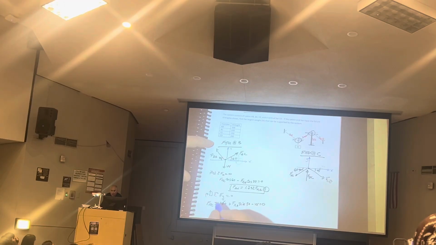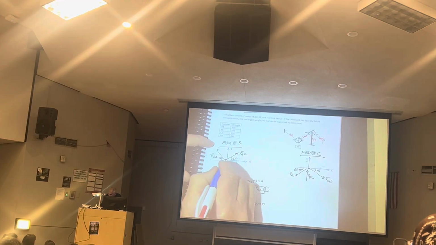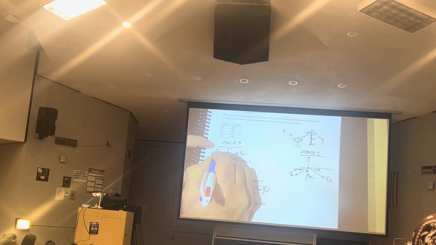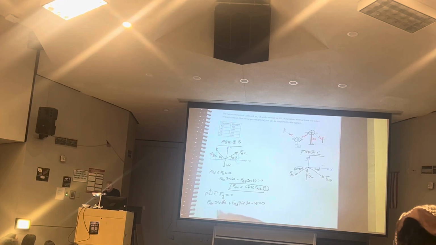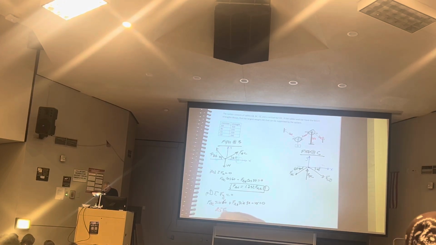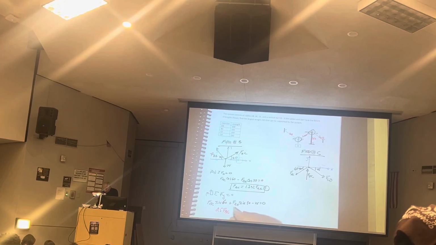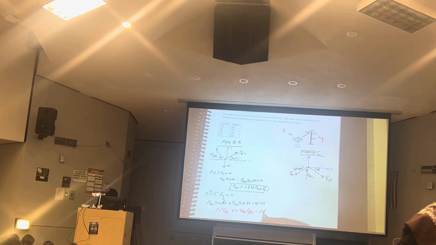There's the parallelogram rule being obeyed. So, this is going to be 0.5 FBC plus 0.866 FBA equals W. That's equation 2.